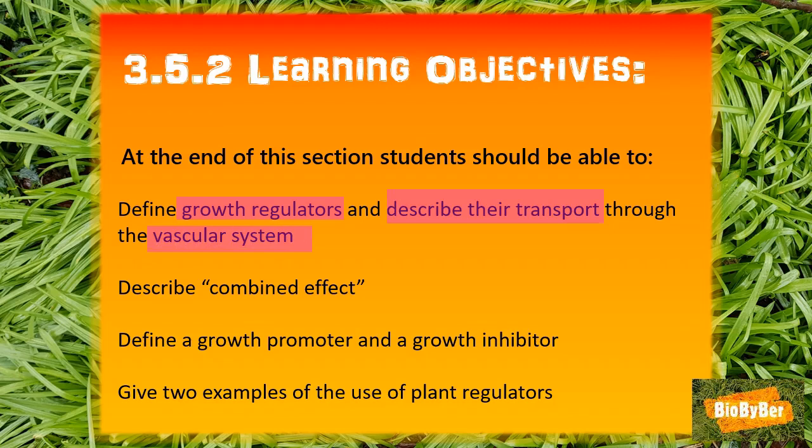You need to be able to describe the combined effect, or the way two or more growth regulators are used to inhibit or promote plant growth. You need to be able to give the definition of a growth promoter and a growth inhibitor. And lastly, you have to give two examples of the use of growth regulators.